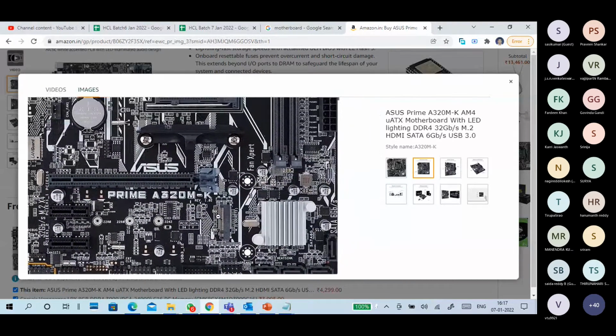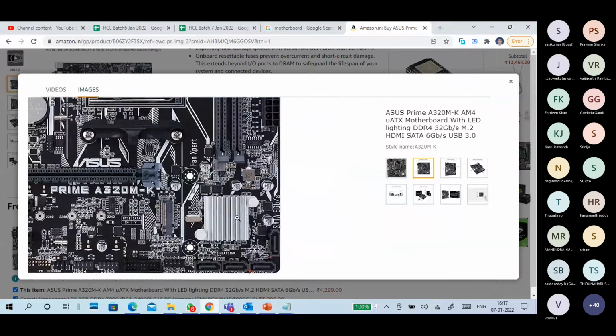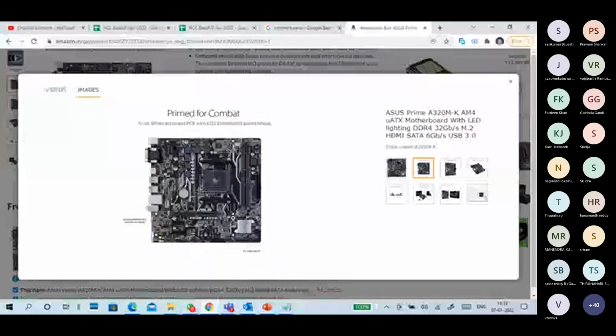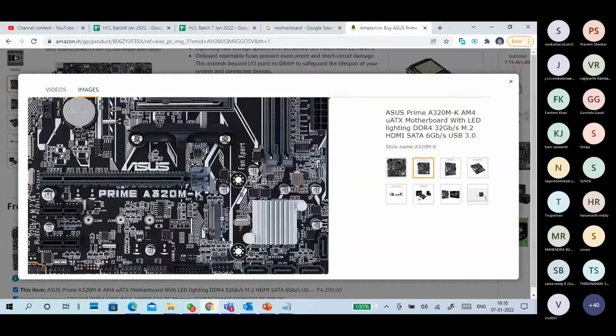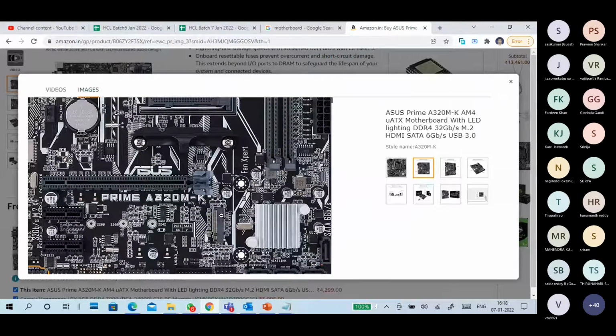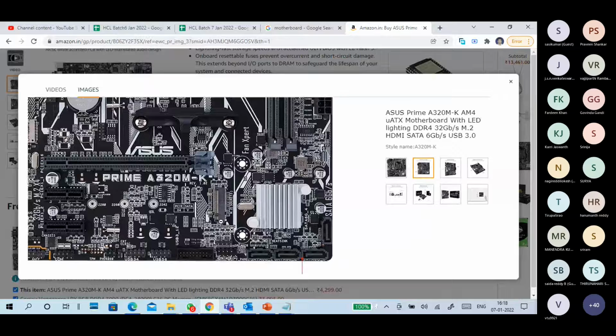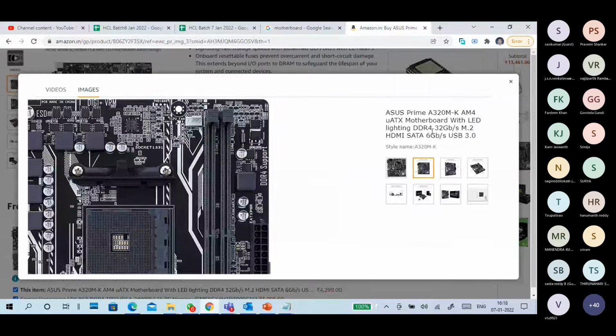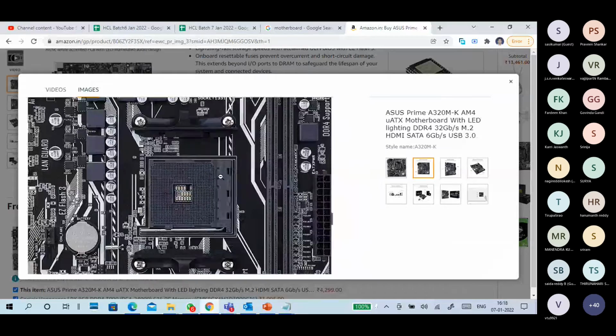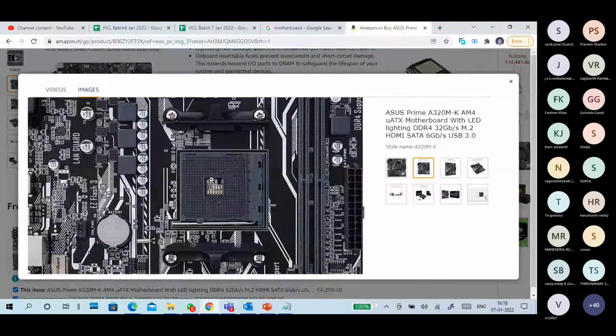You can see that magnifier pointer. So that is for connecting an SSD, M.2 version. M.2 SSDs we are able to connect. So the main CPU is going to go inside of this one only.